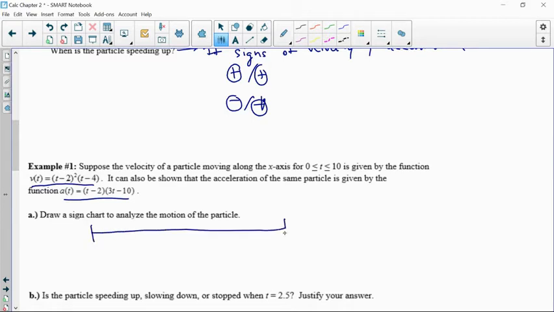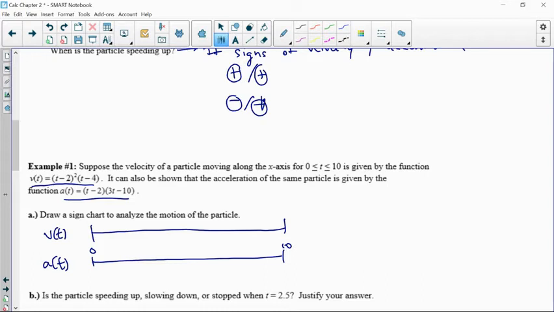And it's just going to go from 0 to 10. And I'm going to draw them on top of each other. So this top one would be velocity, call it v of t, where the bottom would be acceleration, call it a of t. Starts at 0, ends at 10, because that was the given domain. And I want to know about the critical values.